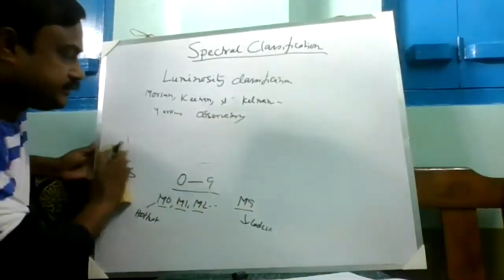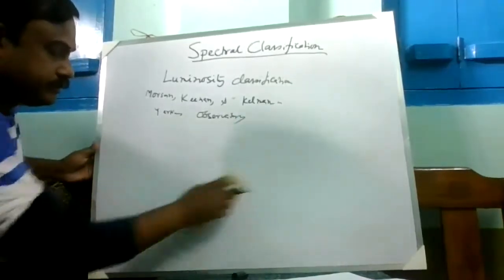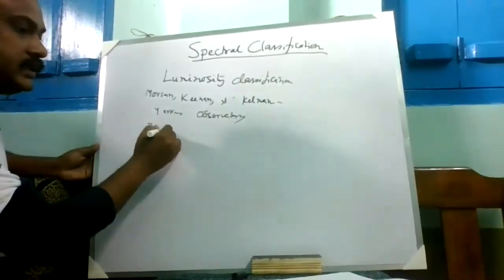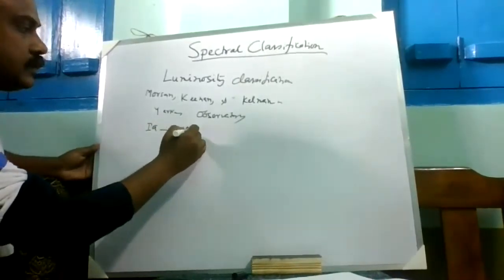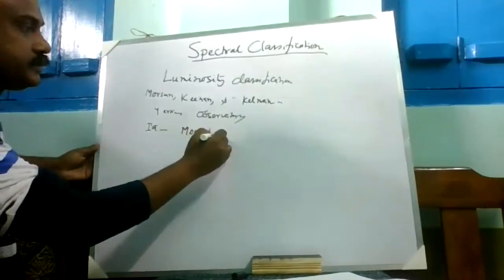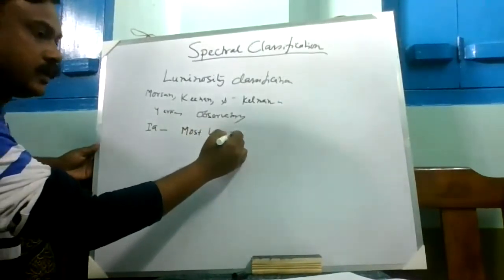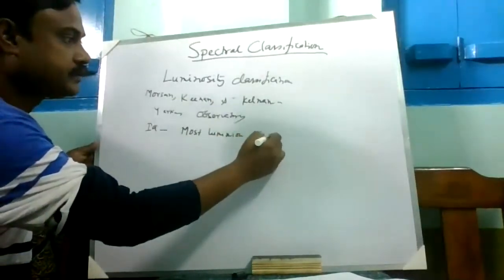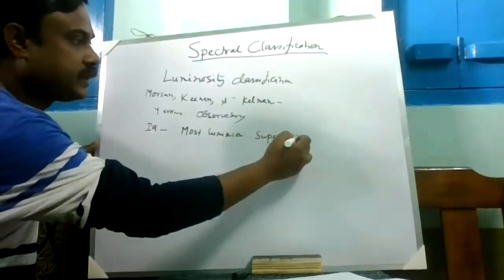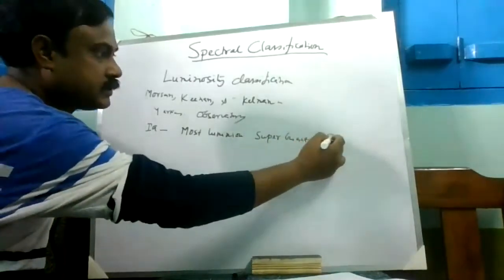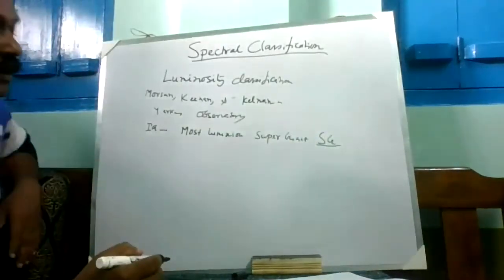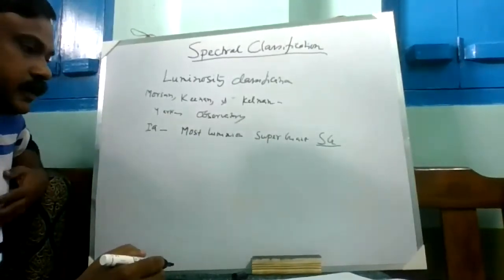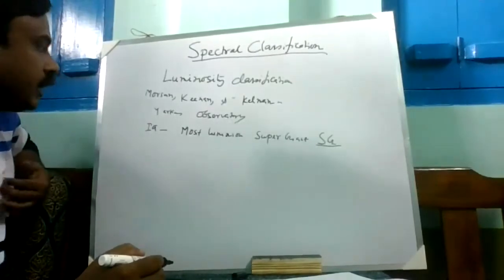They classified the stars into this form. Ia is the most luminous supergiants. The brightest, most luminous stars are called Ia.